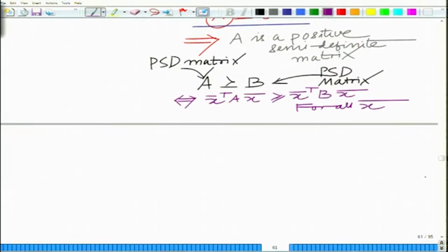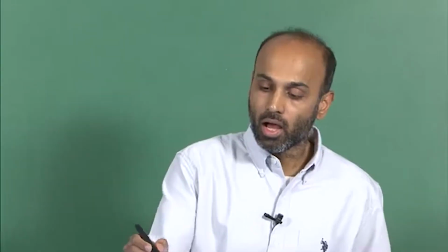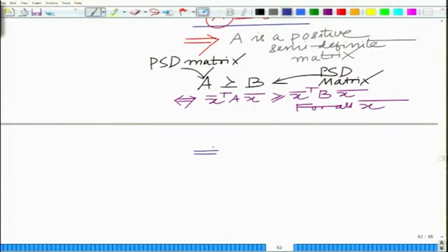Remember, for a positive semi definite matrix, x bar transpose A x bar has to be always greater than or equal to 0. So, if x bar transpose A x bar is always greater than or equal to x bar transpose B x bar, then we say that the matrix A is greater than or equal to matrix B. And note that this also implies that x bar transpose (A minus B) x bar is greater than or equal to 0.